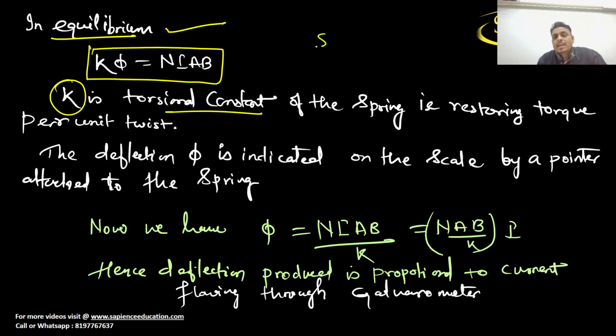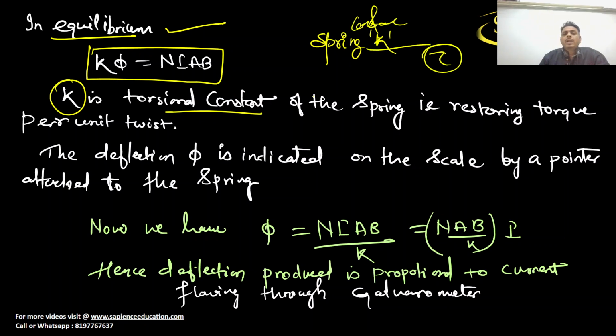It is like the spring constant you studied in class 11. A circular spring has a torsional constant, which is the restoring torque per unit twist.